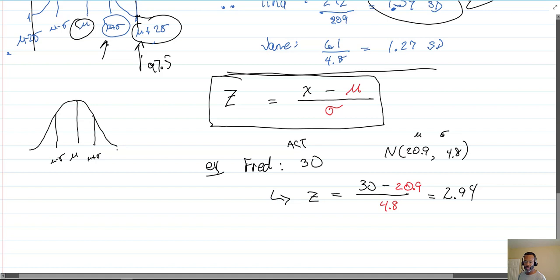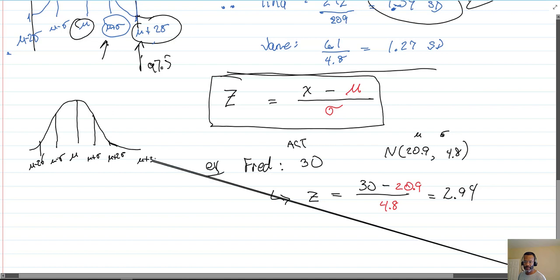But if you're 2 standard deviations above or below the mean, that represented 95% of all individuals.